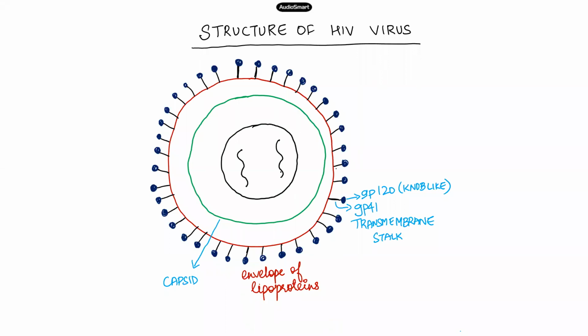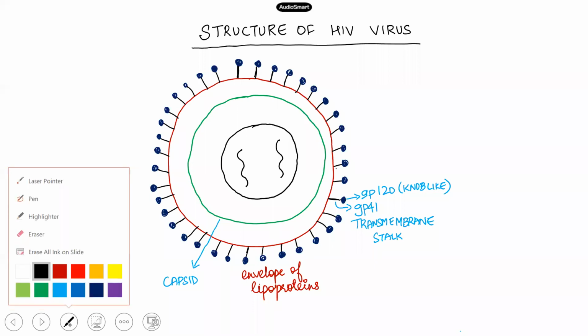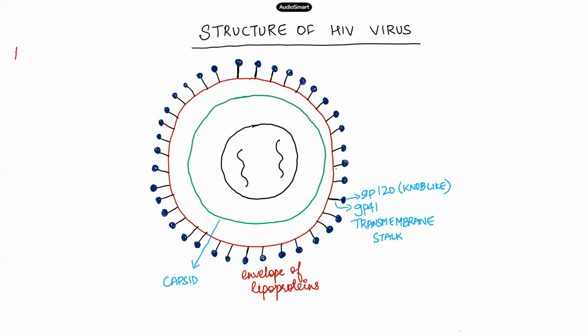Before we talk about the enzymes, let us talk about certain genes that are very important for the virus. This RNA virus has three genes inside the core genome. The first gene is called your GAG gene, and the other gene is called your POL gene.